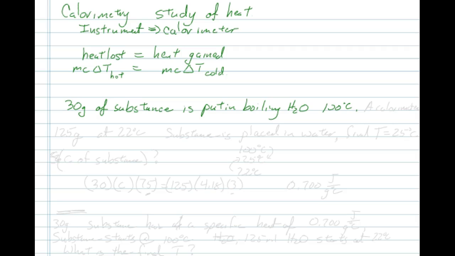At the same time, we have a container, or a calorimeter, with 125 milliliters of water, but through the miracle of the metric system, you have 125 grams of water. 1 milliliter is 1 gram, so 125 milliliters is 125 grams at 22 degrees. You remove the substance and put it into the water.